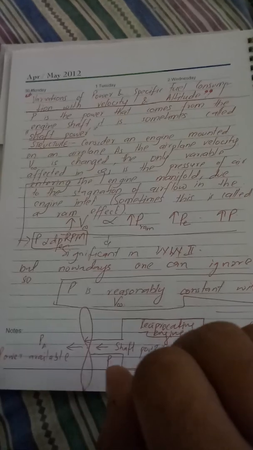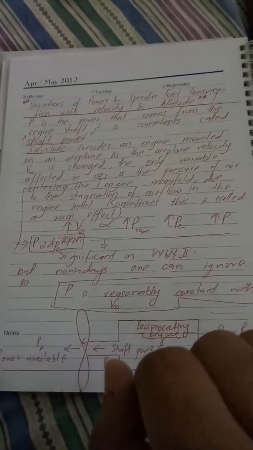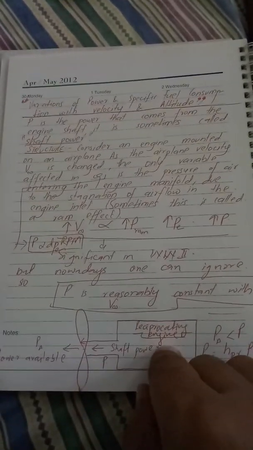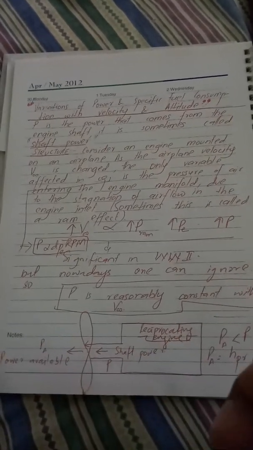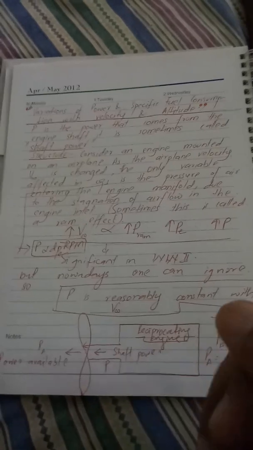We explained in the last video that we were dealing with the four-stroke internal combustion engine, the Otto cycle.